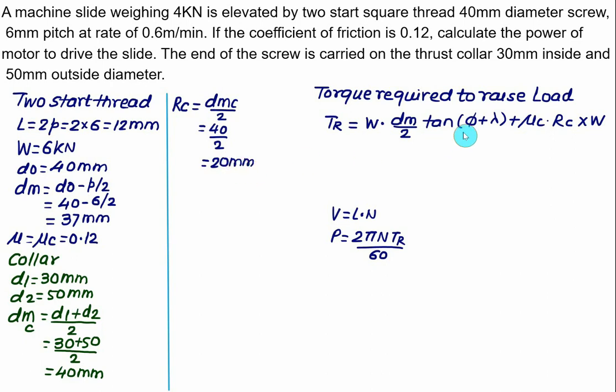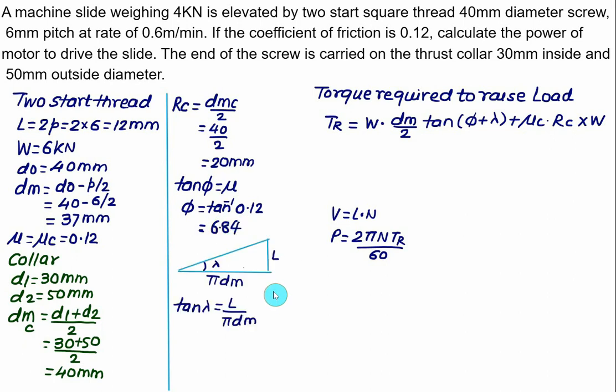Then we require the value of phi. So we have tan phi is same as equal to mu. In this case we have phi is equal to tan inverse of mu, and we have mu is equal to 0.12. So we get phi equal to 6.84 degrees. Then we require the value of lambda.